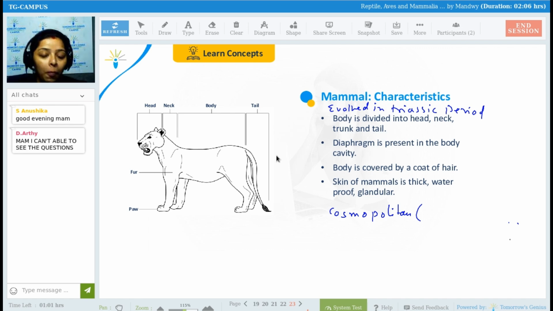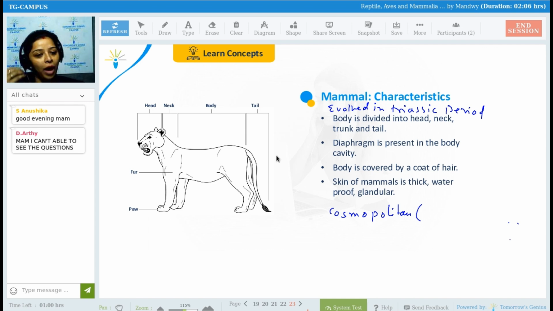Cosmopolitan means, in our country, the metro cities are called cosmopolitan cities, right? Delhi, Mumbai, Kolkata, Chennai. Why are they called cosmopolitan? Highly developed.